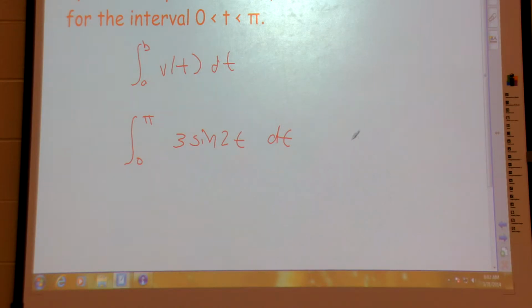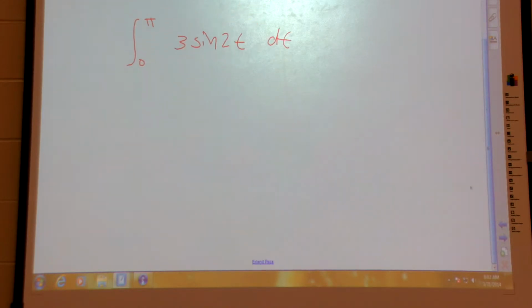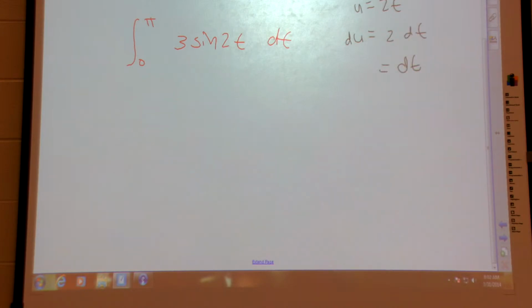Yeah? How do I do this integral? Substitution. u is 2t, which means du is 2 dt, which means dt is 1/2 du.